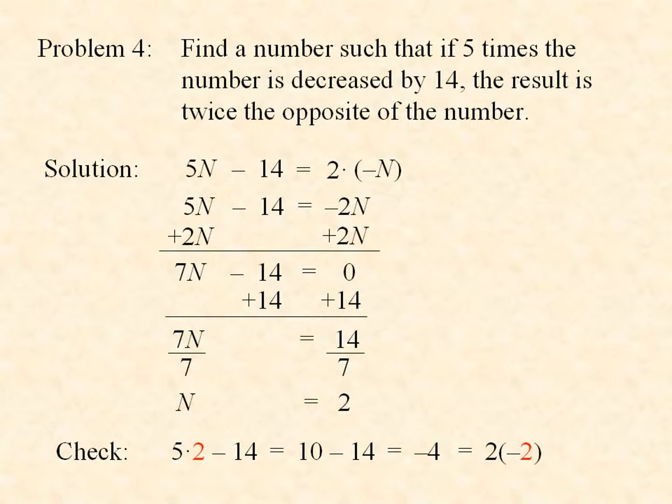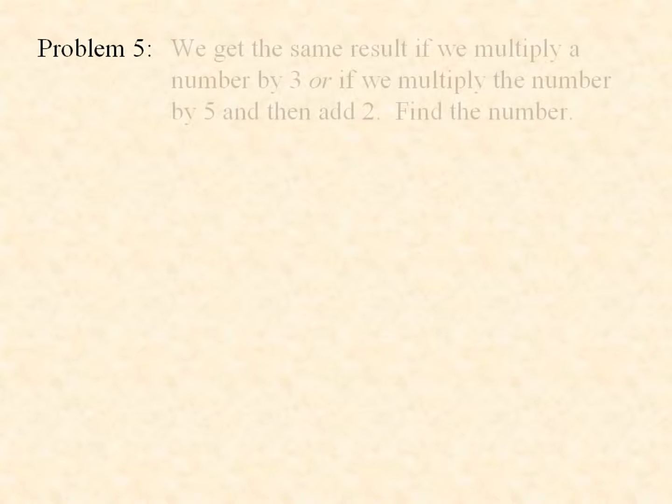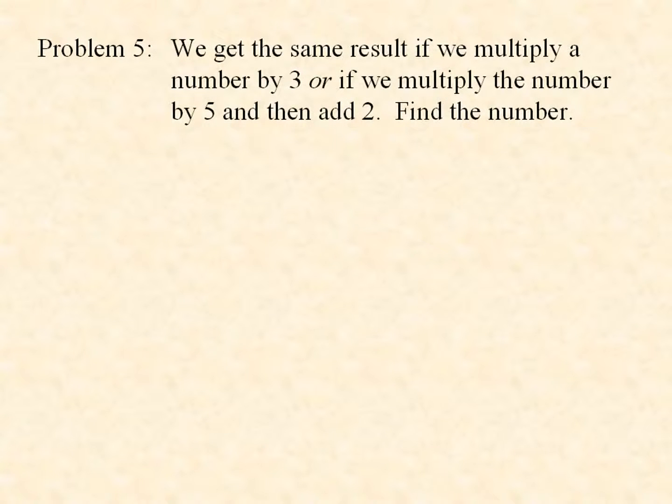Problem 5. We get the same result if we multiply a number by 3 or if we multiply the number by 5 and then add 2. Find the number. Another long sentence here. Well, let's see.